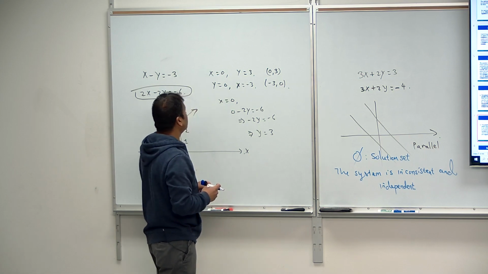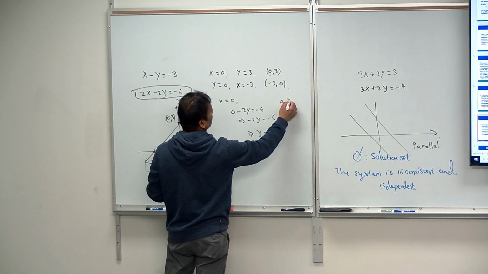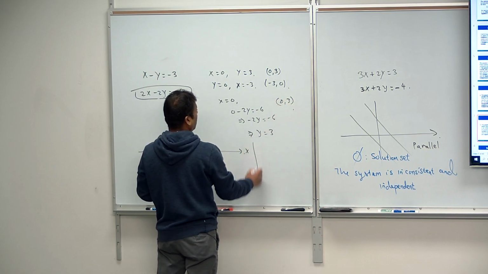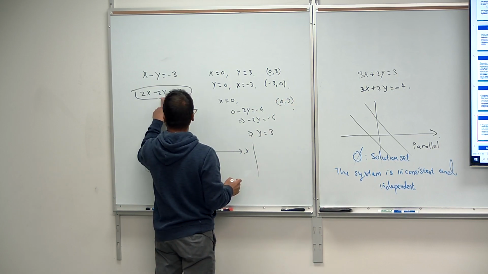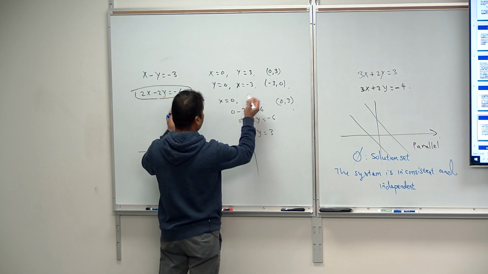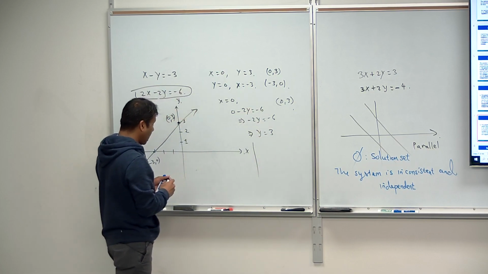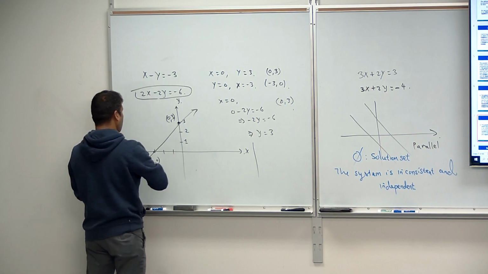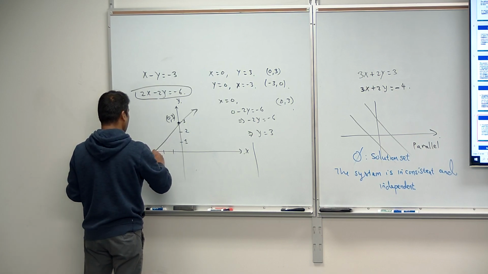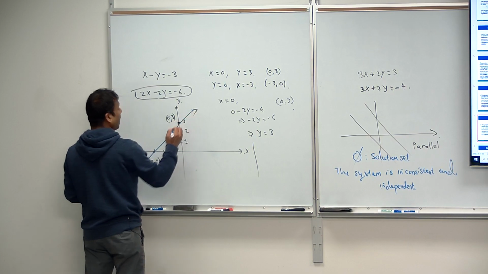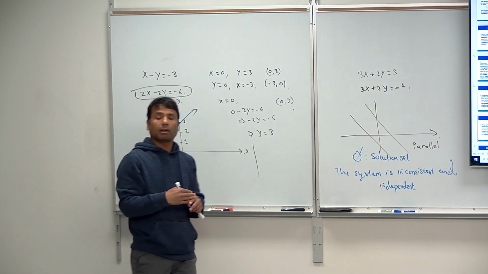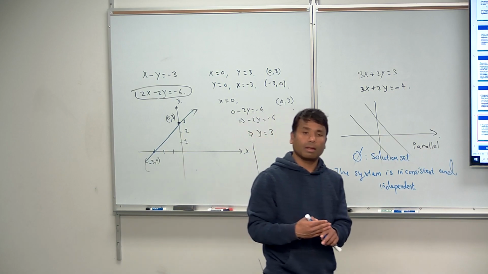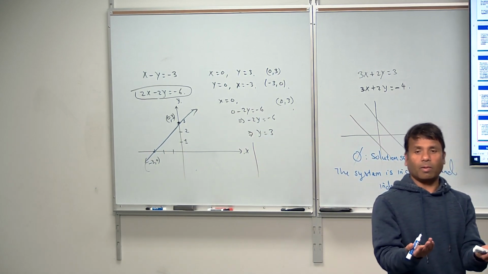So you got the same point, (0, 3). And if you plug in y equal to 0, you get the same (-3, 0). And now, if you draw the graph, it's something like this.